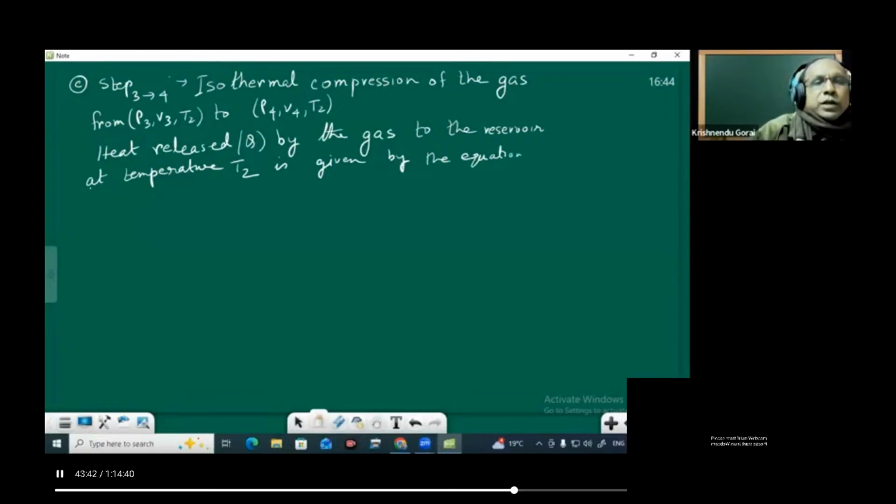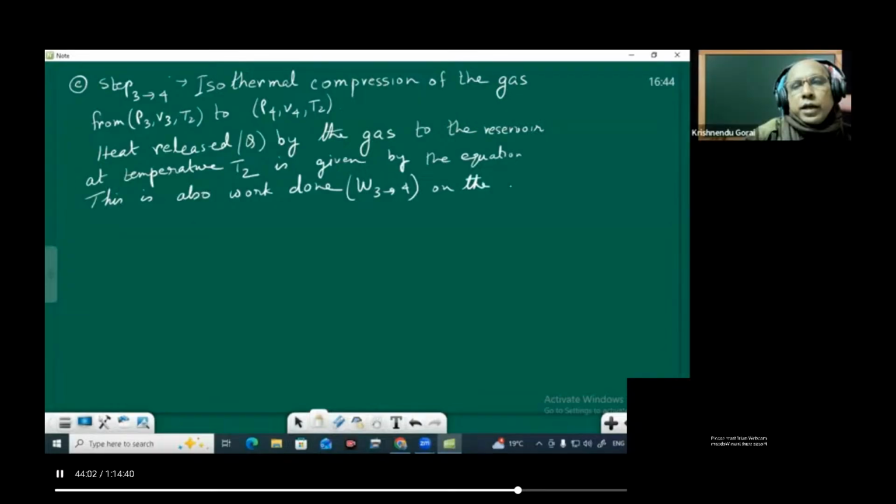So this is also work done, W 3 to 4, work done on the gas by the environment.